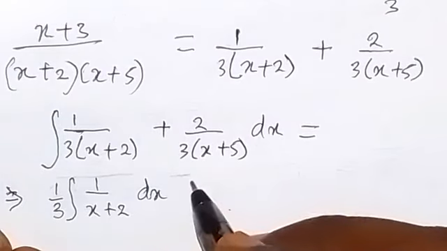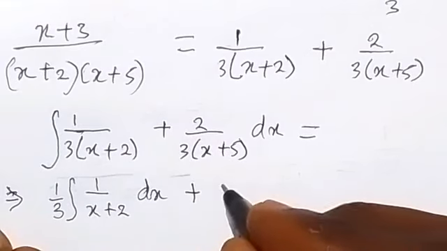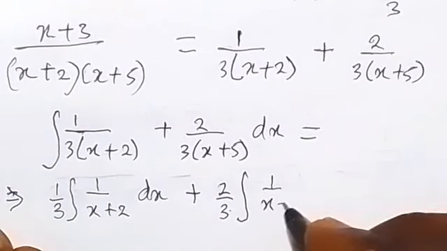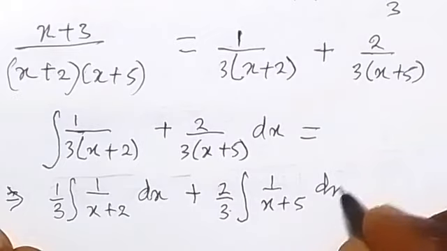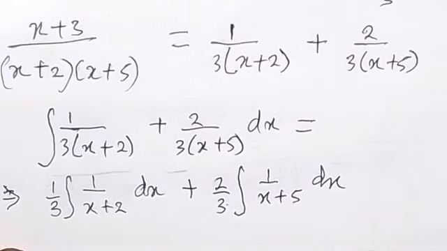We can separate this integral because we have plus, then plus 2 over 3 is also a constant, take it out, 2 over 3 times the integral of 1 over (x + 5) dx. Then when we see this, we have a case where the derivative of our denominator gives us the numerator. When we differentiate the denominator here, the result is 1, which is our numerator. And same thing here, when we differentiate the denominator, the result is the numerator, which is 1.